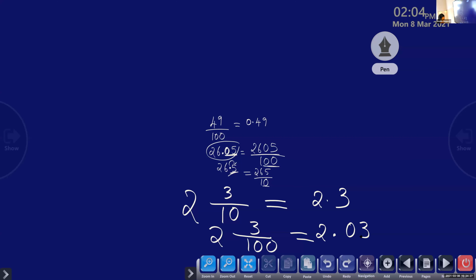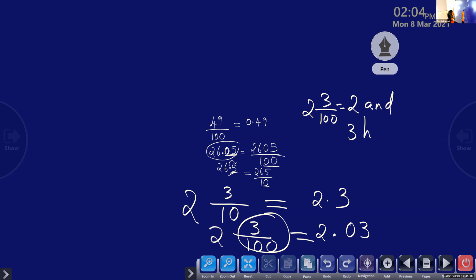So how can we read this number? 2 and 3 by 100. Tell me, how can we read 3 by 100? Yes, 2 and 3 by 100. How will we read it? 2 and 3 hundredth, because here the denominator is 100.